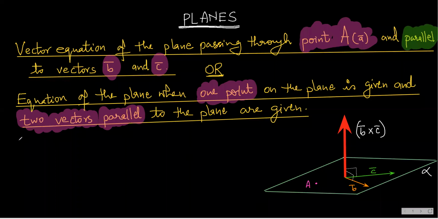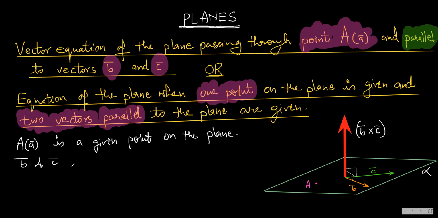So we will start writing. A bar is a given point on the plane. B bar and C bar are two vectors parallel to the plane.